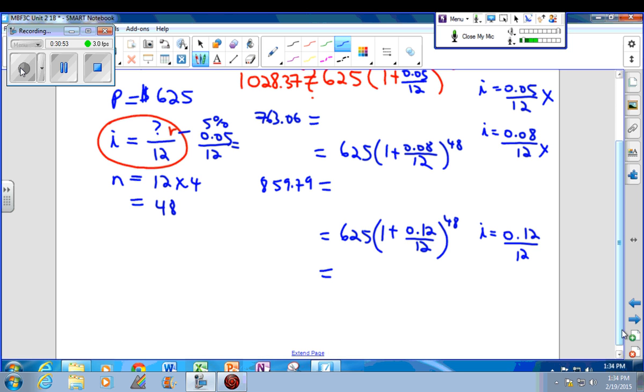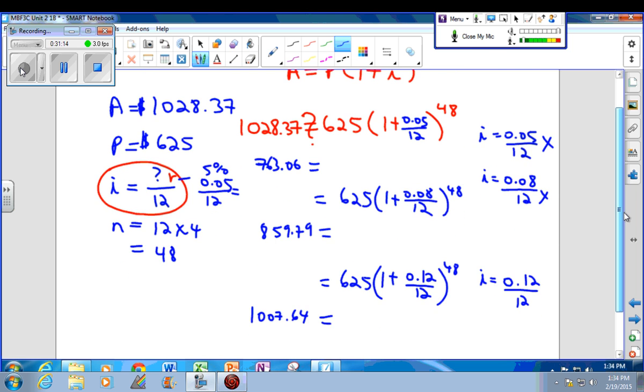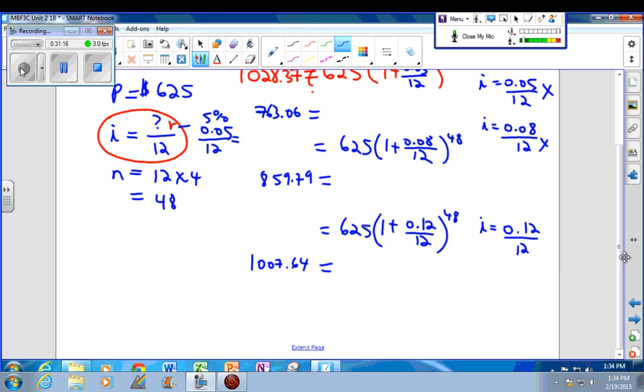Plus 1, to the 48 times 625. Okay, well, we're getting closer. It turned out to be 1,007.64. How am I doing compared to what we need? We need 1,028. Ooh, we're very close. Look at that. Okay, well, what if we tried 13%?